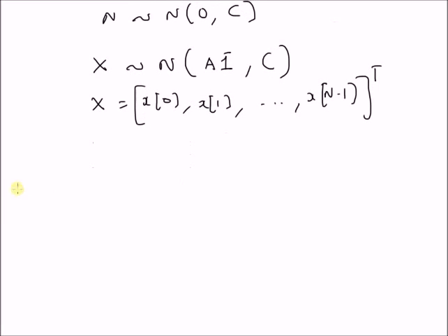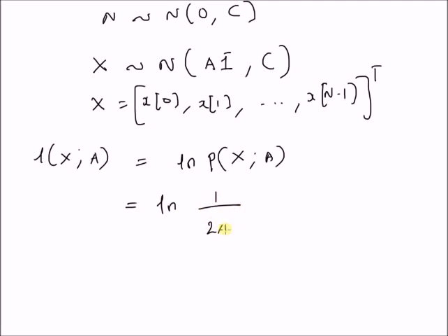So the first step is to construct the log likelihood function, defined as L of x with the parameter A, which is equal to the logarithm of the probability distribution of the vector x given the parameter A, which is equal to the logarithm of 1 over 2 pi power N by 2.